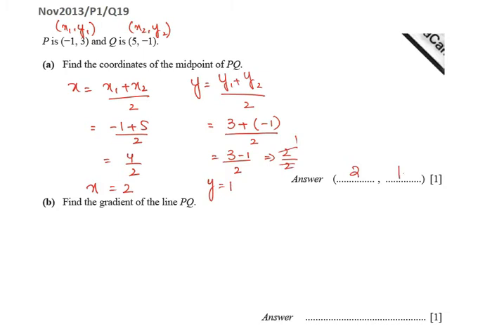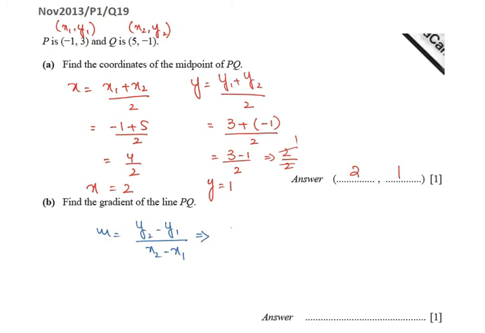Now in the next part, they are saying find the gradient of the line PQ. So to find the gradient, we will use the gradient formula, that is, m, the gradient, is equal to y2 minus y1 divided by x2 minus x1. As we have already marked which is x1 and y1, let's substitute the values.